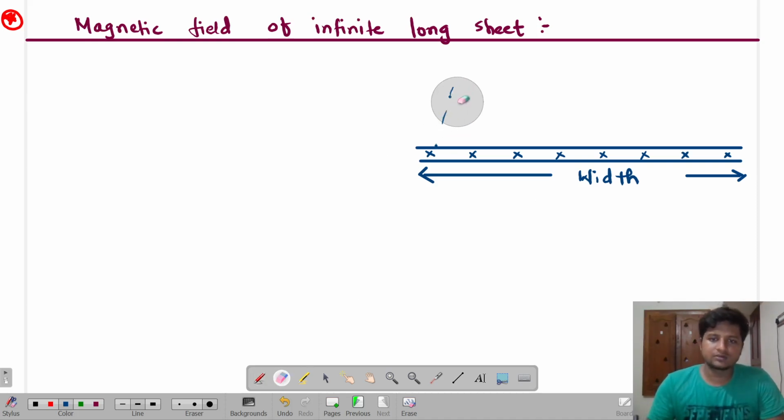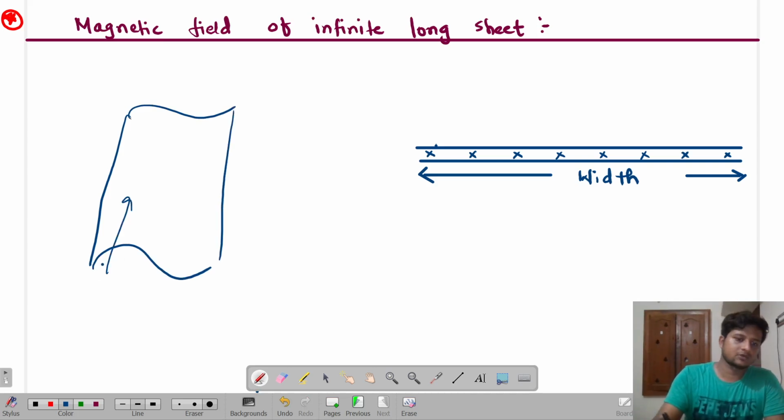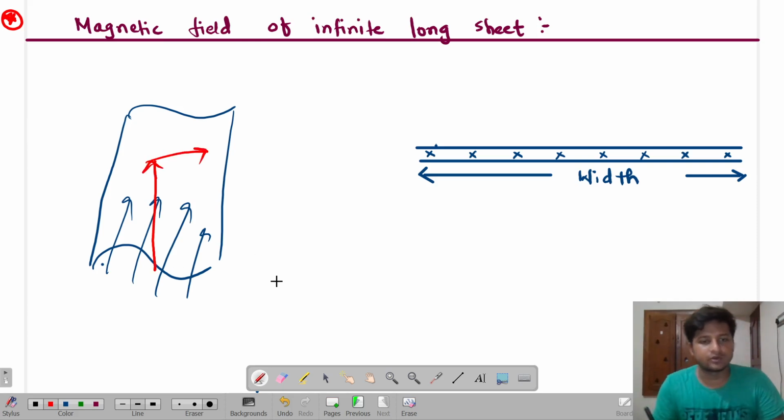For any kind of current, let's suppose this is my sheet and current is going this way. The magnetic field will exist in the direction perpendicular to the sheet, applying the right hand thumb rule.